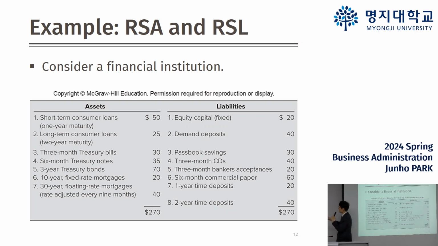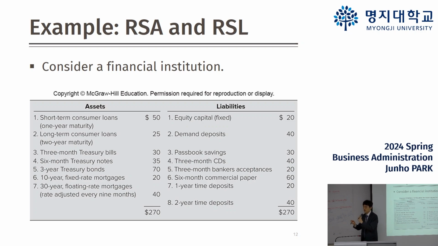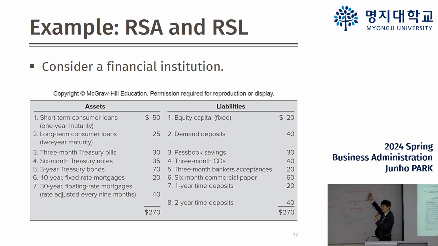However, for the CDs, you can change the name of the holder. You can trade it. You can give it to your friend, and then the bank still has the responsibility to give the money to your friend. So it does not specify the person who has this certificate of deposits.